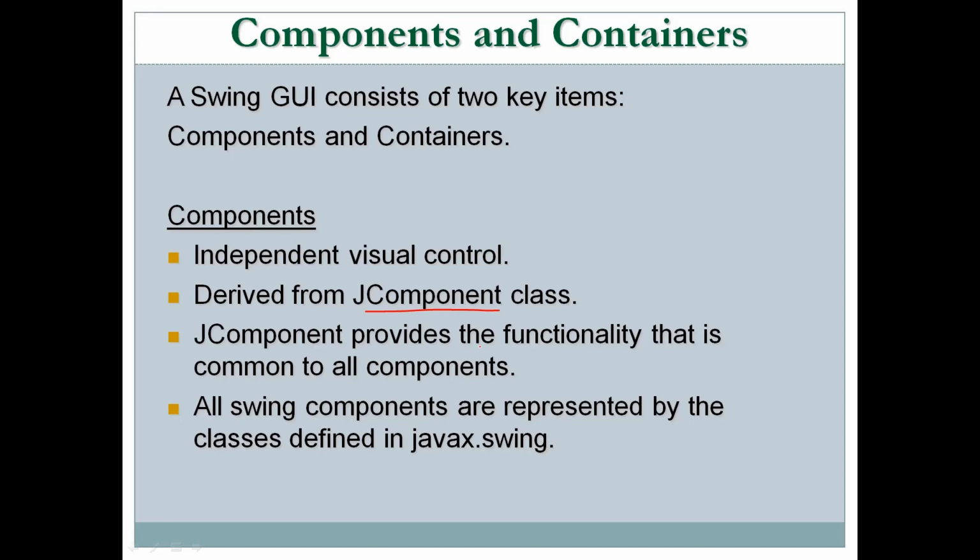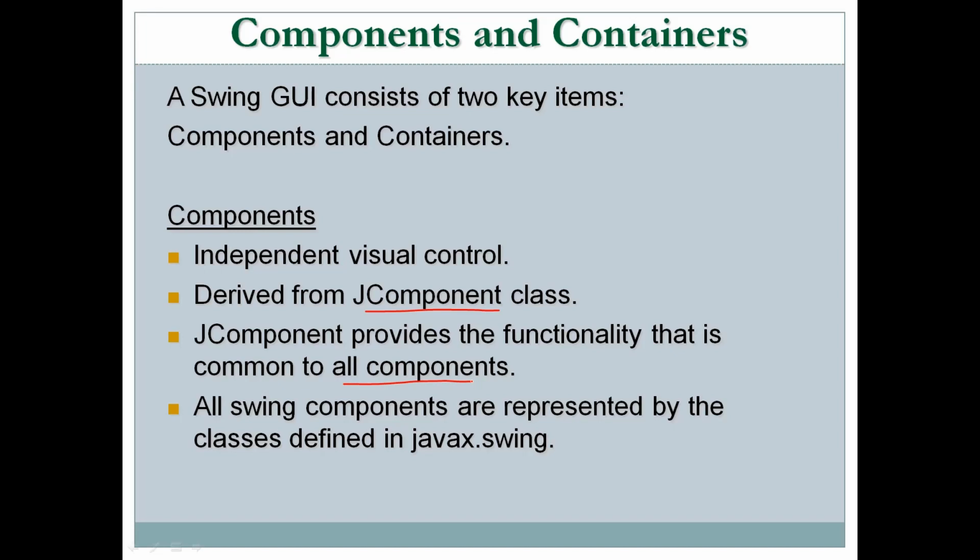JComponent provides the functionality that is common to all the components. As JComponent is the superclass of the components, it provides common functionality which is required in all the components. All the Swing components inherit from this JComponent class.